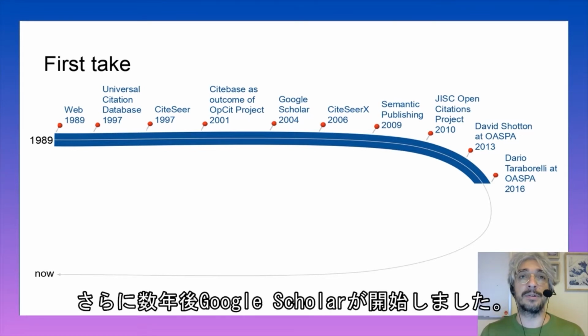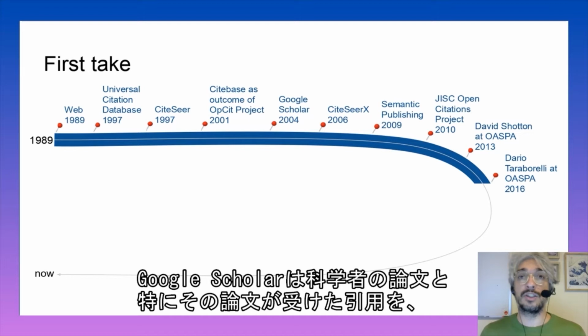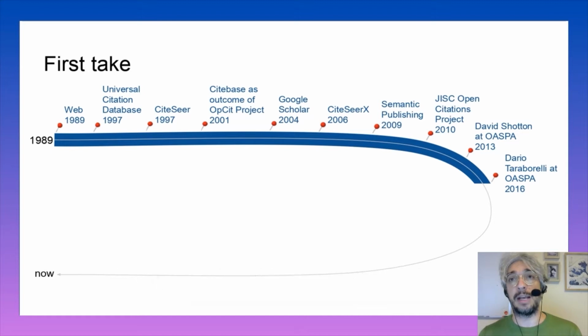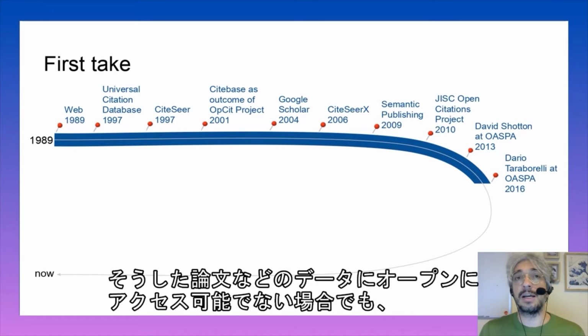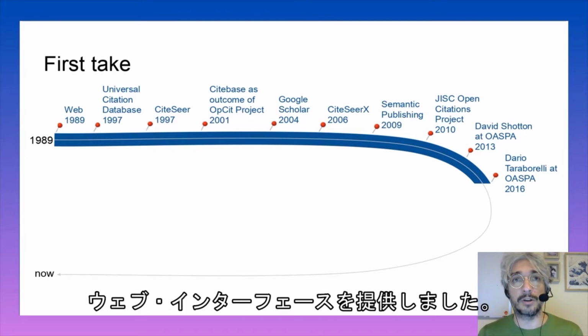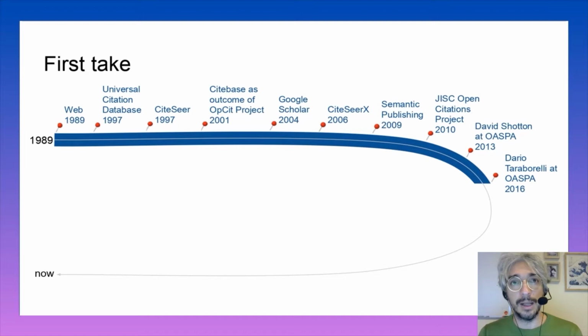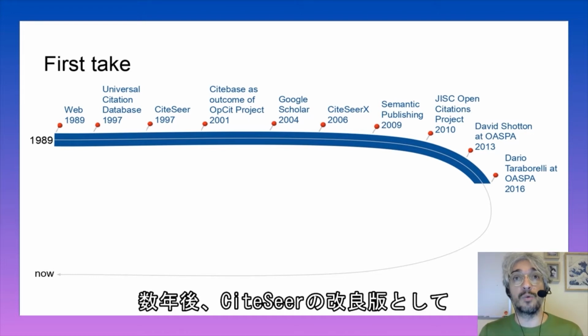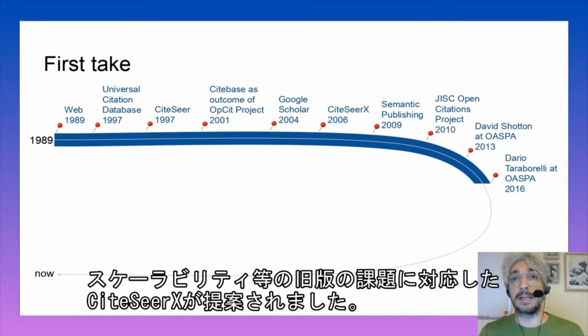A few years later on, Google Scholar was launched for the very first time and was the first service to provide an open interface for looking at the papers of a scientist and in particular at the citations these papers received, even if the data that are used for building this interface are not openly accessible. CiteSeerX was proposed a few years later as an evolution of CiteSeer in order to address some problems of its predecessor, such as scalability problems in particular.